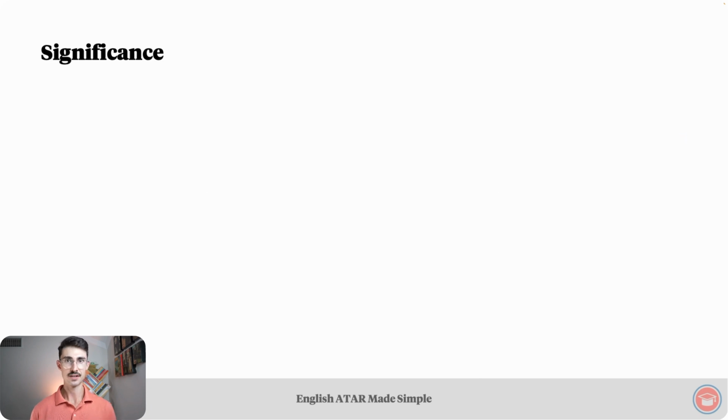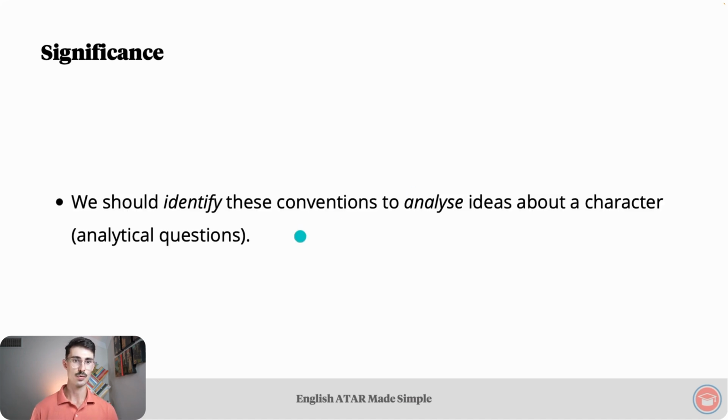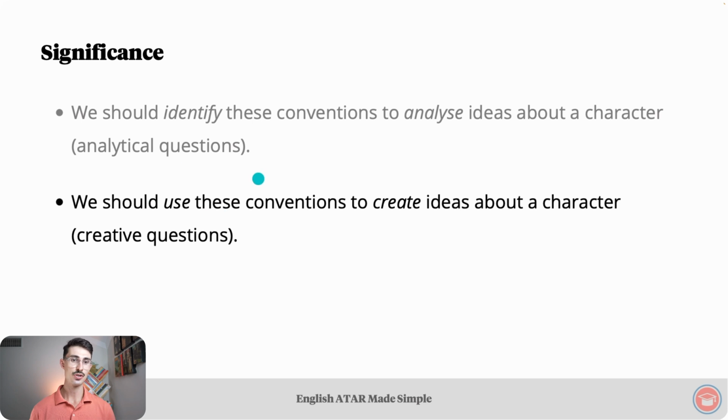What is the significance of the conventions of characterization? Why even bother discussing it? The significance is we should identify these conventions to analyze ideas about a character in analytical questions, and we should use these conventions to create ideas about a character in creative questions.